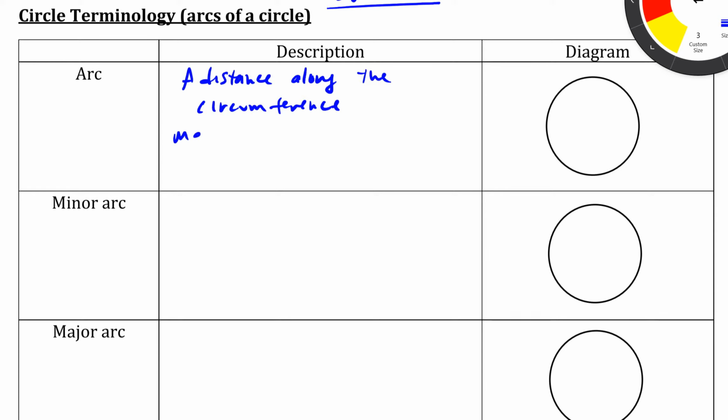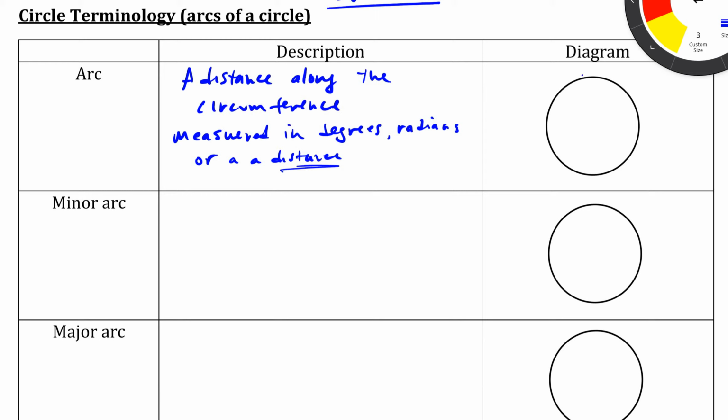And this can be measured in degrees, radians, which we'll find out about later, or as a distance, meaning it can be inches, feet, miles, etc.